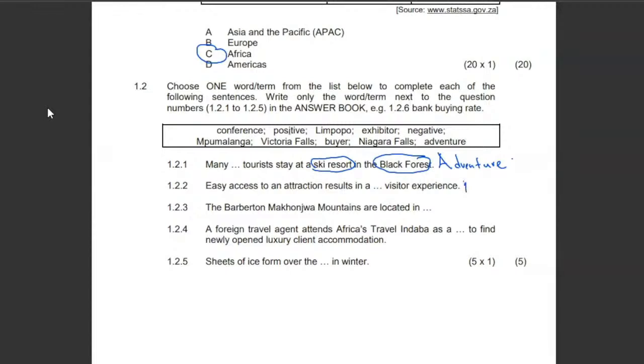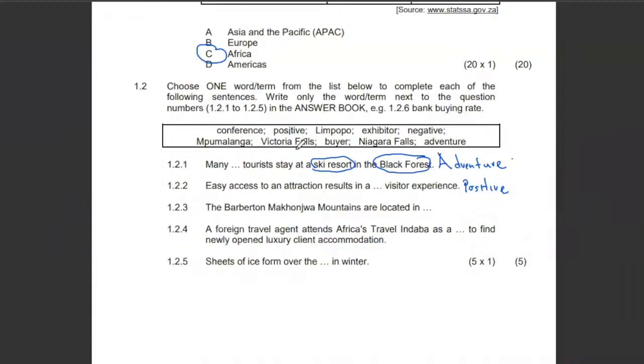So we need to write positive as our correct answer. An attraction should be easily accessible. It should be accessible by different modes of transport, by air, by land, or even by water transport. So easy access is a positive thing.